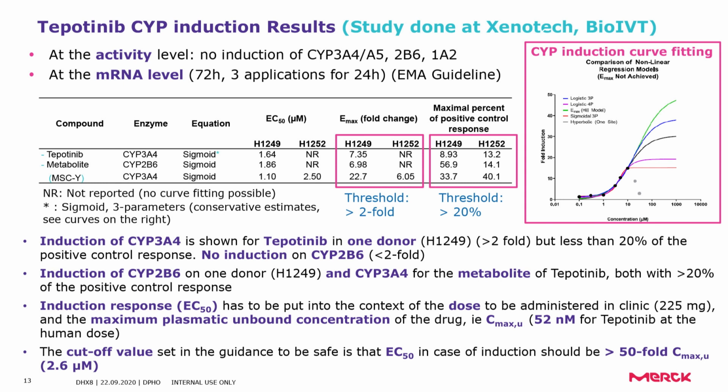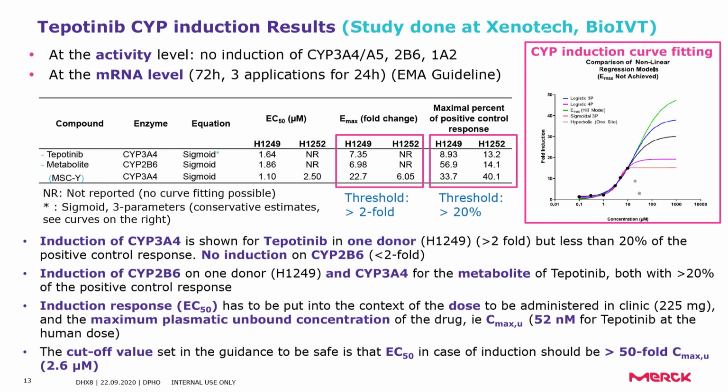When you fit the induction curve, as suggested here in the graph, you can have different equations to fit the results. And there are papers in the literature trying to determine which would be the best method to fit the curve. Let's say that the sigmoid 3 parameters leads to conservative estimates.